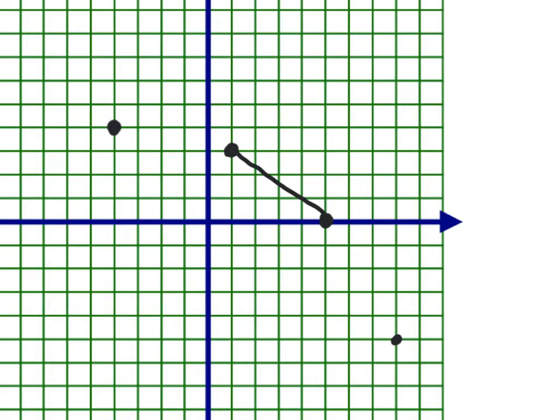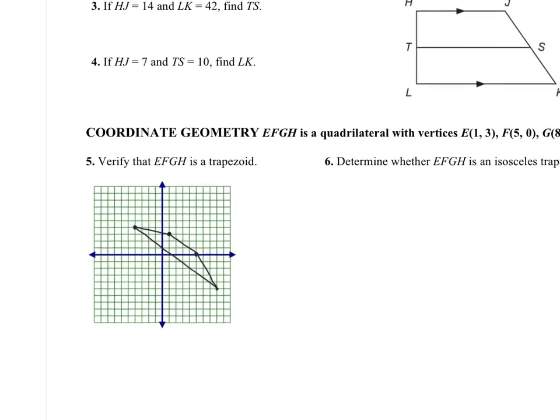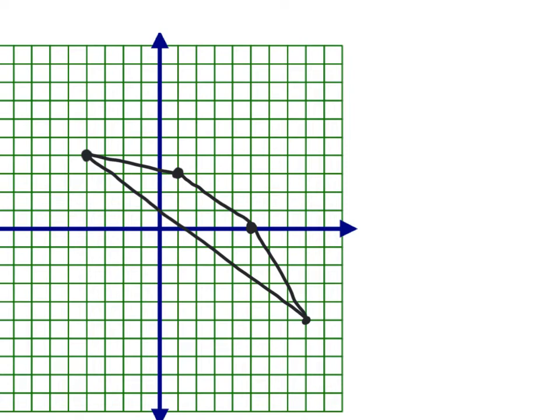There's that segment, and then that segment, this segment, and then this segment. Let me label the points as such. This is E, F, G, H. This is point E, this is point F, this is point G, and this is point H.